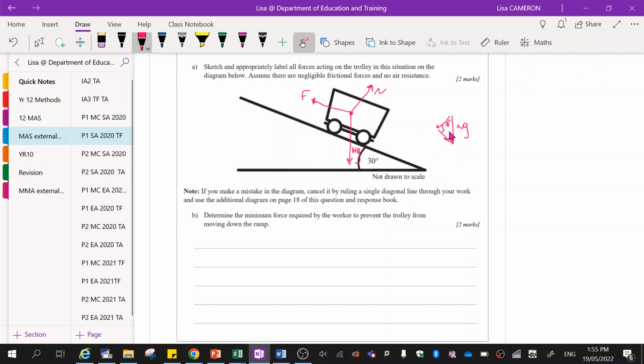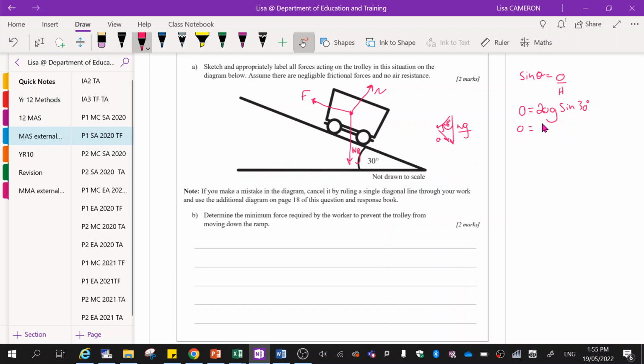So now we can apply what we know about trig. Sine theta equals opposite over hypotenuse. If this is our angle, this is the opposite side, and this one here is the hypotenuse. That means the opposite side is equal to 20g sine of 30 degrees.